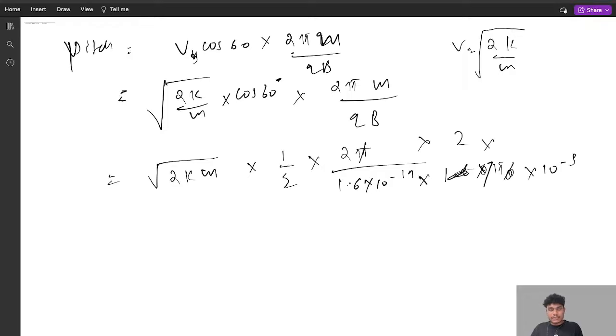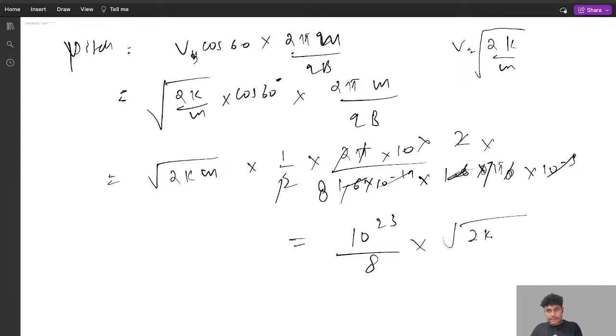This 2 pi cancels out this pi, this 2 cancels out, and this gives 8 times. And this is 10 raised to power minus 22, so it will become 10 raised to power 23 by 8 into root of 2Km.